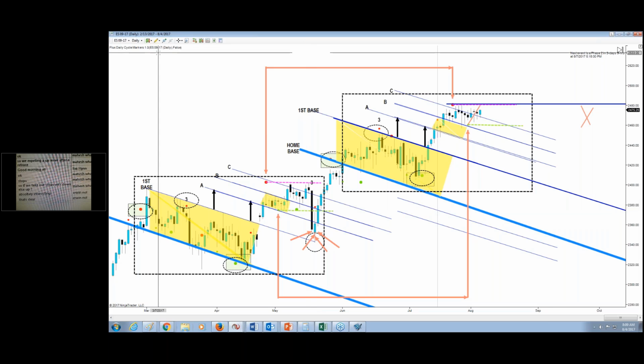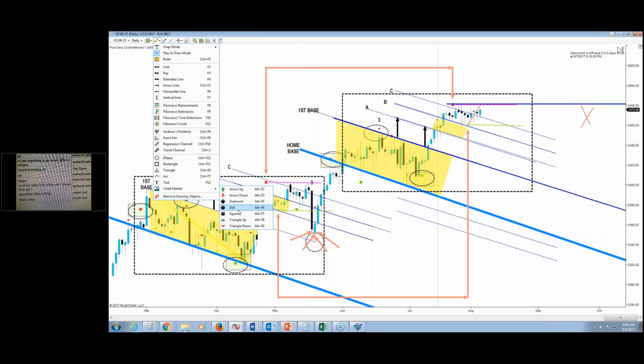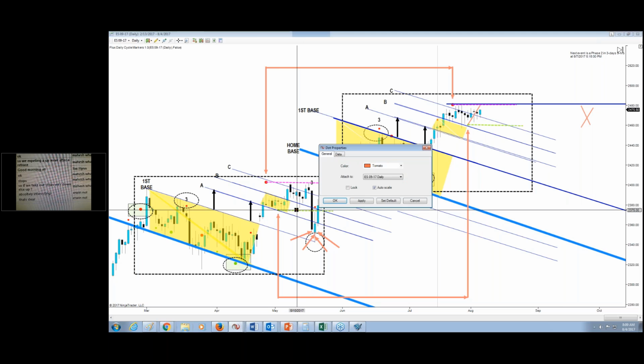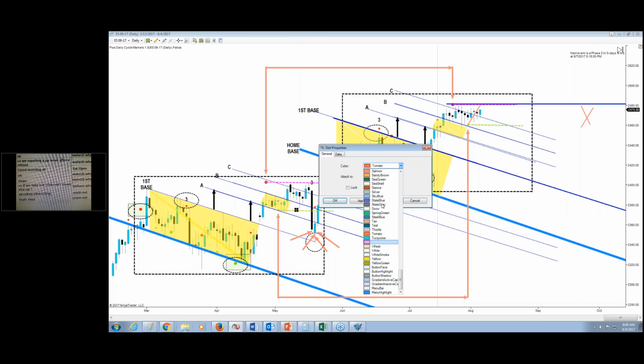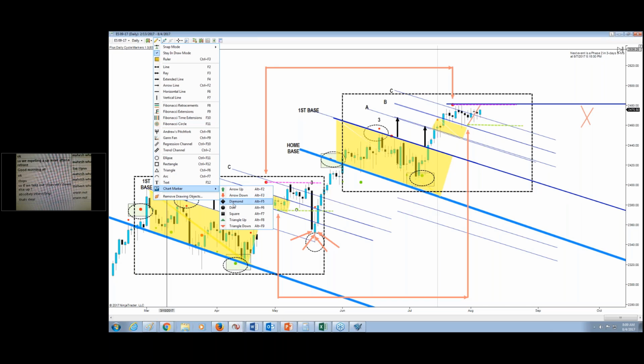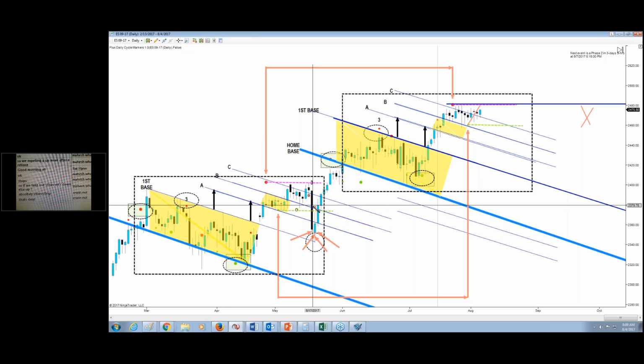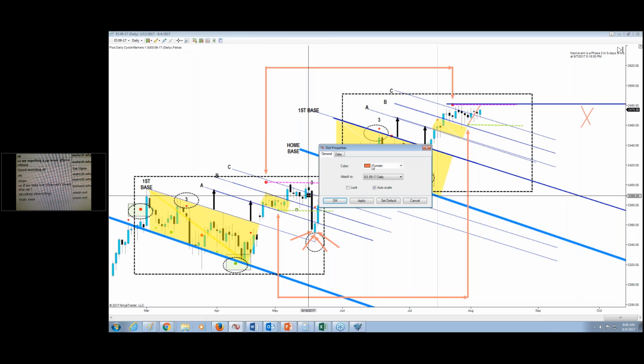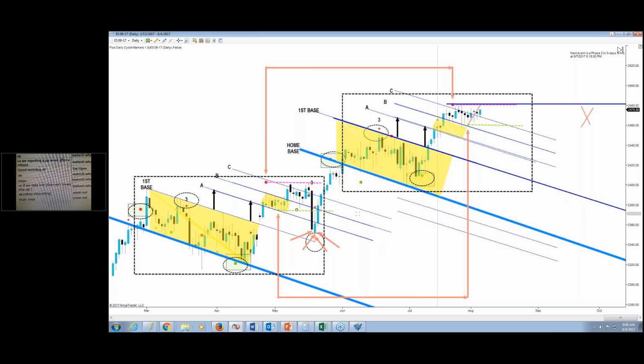So picture, if you will, this green dot not being there, but the green dot carry being over here. That's what's happening in this iteration of the pattern. The phase 2 will be here, and then the drop down until the phase 3. So from a trend standpoint, there's at least 6 to 8 more points to go up today on the ES.